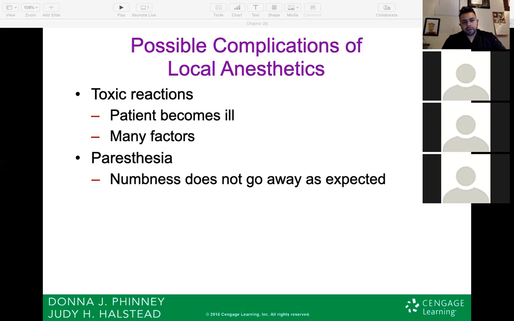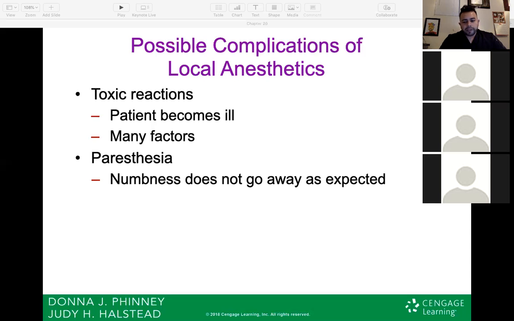Another complication that we run into sometimes is paresthesia. This is numbness that does not go away as expected. Everybody's nerves in their face are a little bit different. They should all be kind of the same, but sometimes the way their nerve endings run isn't exactly how the doctor expected. And if they were to nick a nerve with a needle, this can cause some paresthesia.